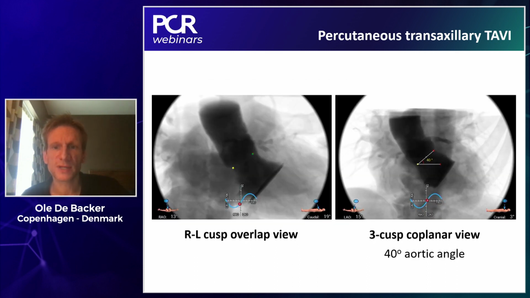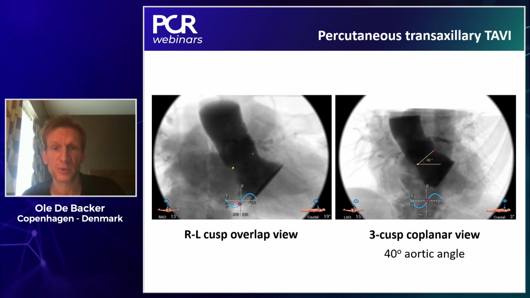And then here, what is of course also important, if you consider percutaneous transaxillary, or especially transaxillary or subclavian or also transcarotid, is to really look at how angulated this aorta is. If you have to tackle a TAVI case in a very horizontal aorta, it might become rather complex coming from the carotid or the subclavian axis.